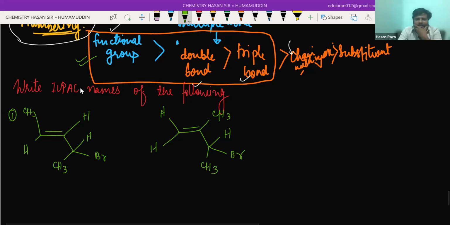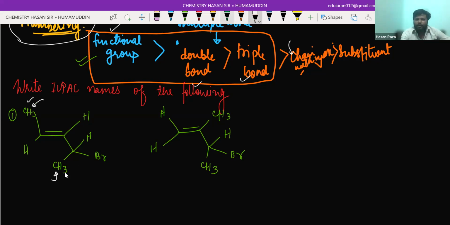See, I'm going to explain the problem. You can number from here. You can give numbering from here. But you cannot jump to this carbon directly. Basically start from the end, from the top or from the bottom.